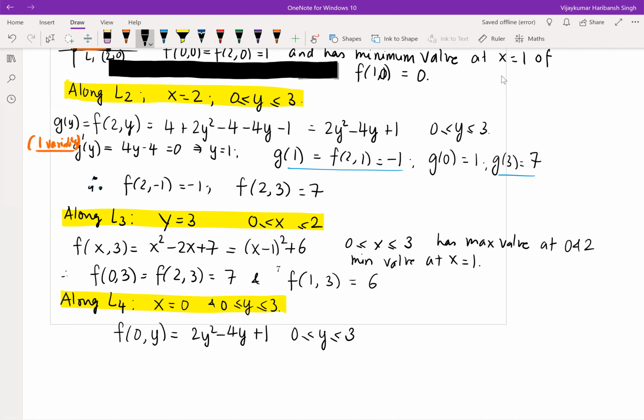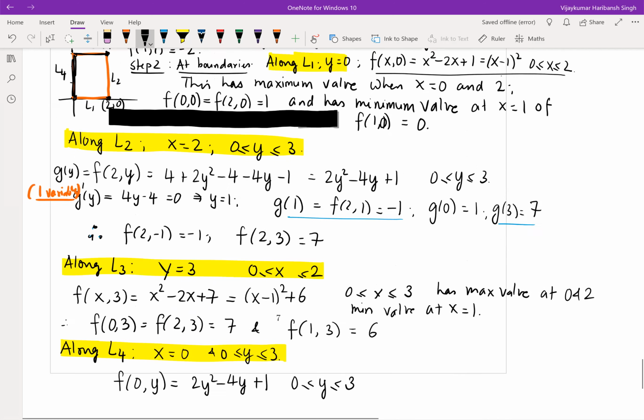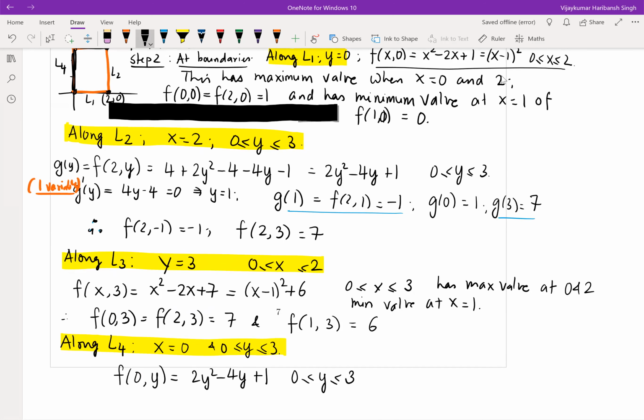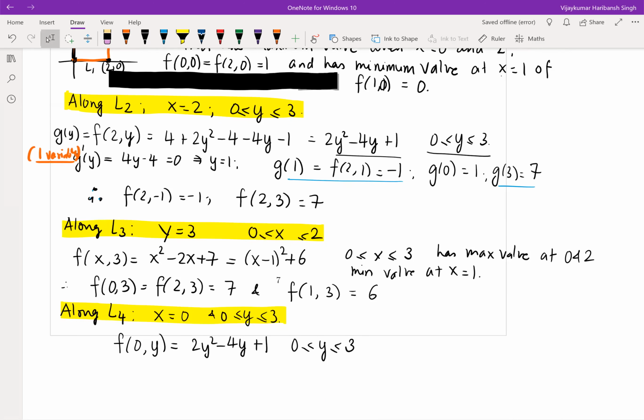And this we have already seen earlier. If you look at this function, it is exactly the same as the one here, right? So we got the max value at y equals 3, that is f of 0, 3 equals 7.